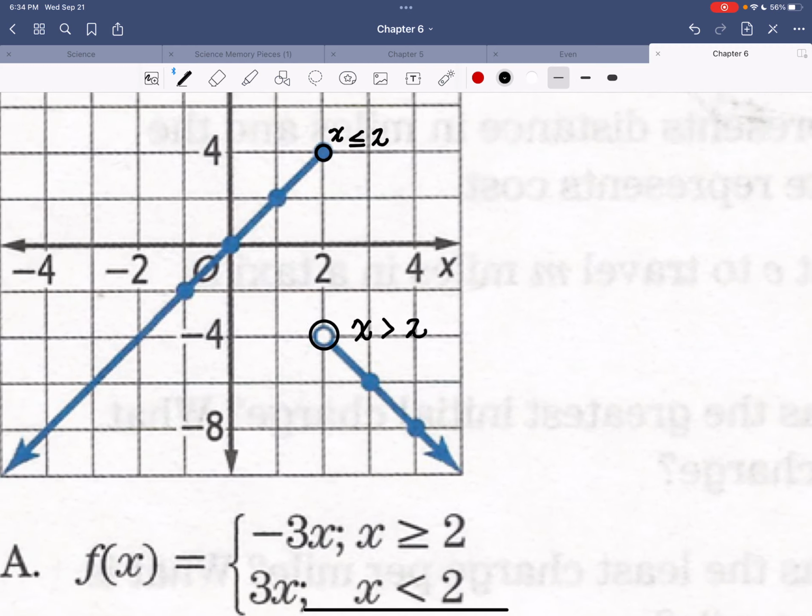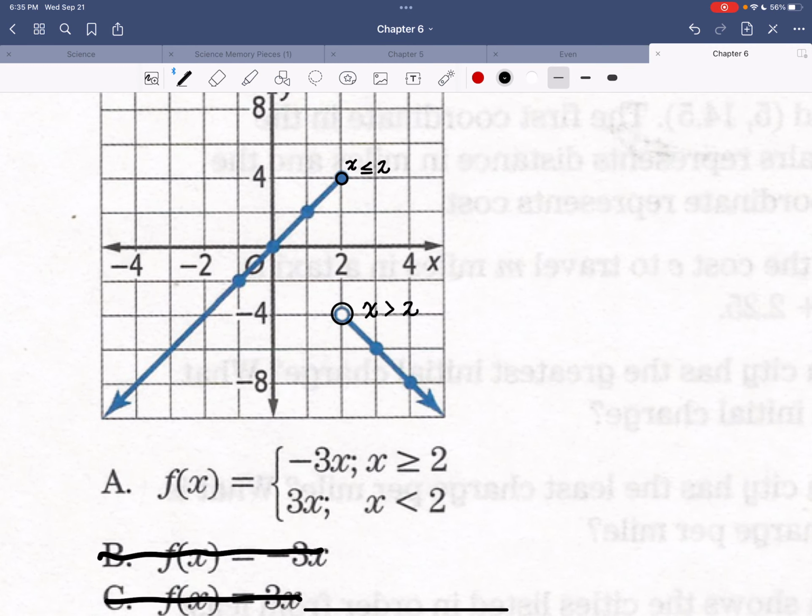So let's look for the piecewise function with that as well. So I'm looking for this condition and this condition. So let me bring those down here where we can see them. Does this match? No. The signs are opposite of what they need to be.